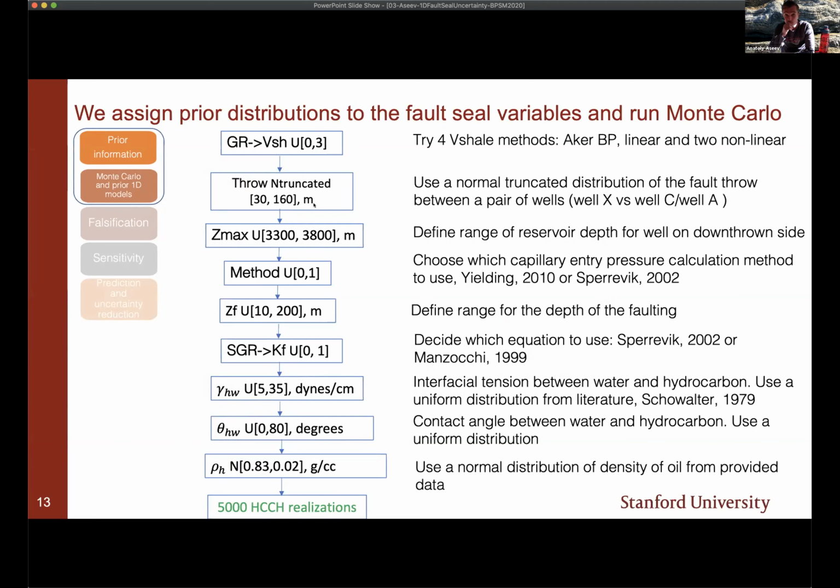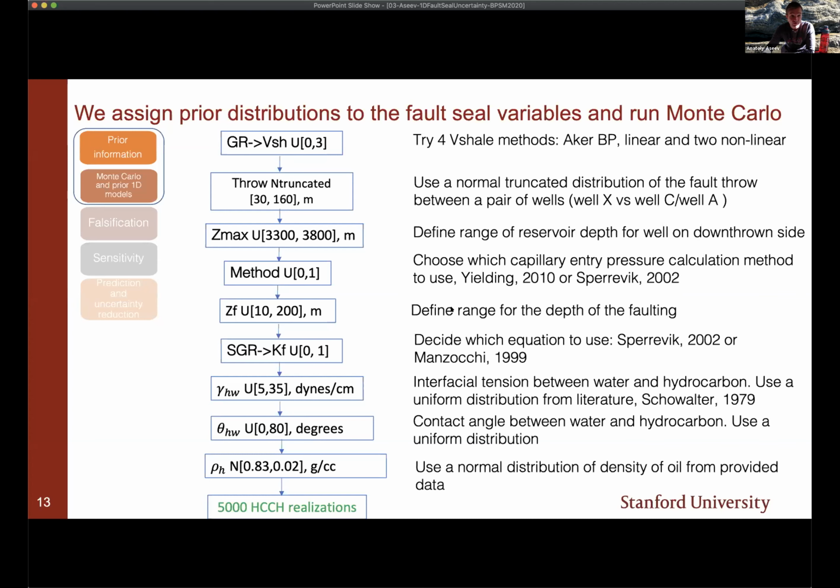That's what we get from the geological model: the throw in the fault plane between well C and well X, and well A and well X. Then we use a range of reservoir depth for wells on the downthrown sides, and the methods we choose: 0 is yielding and 1 is Sperrevik.